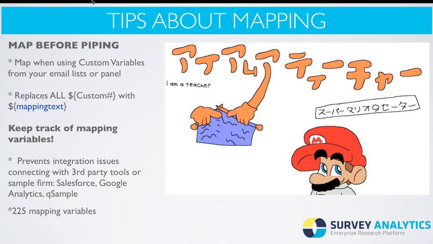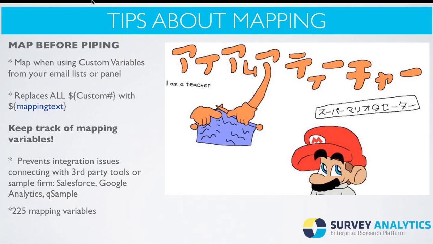Some tips about mapping. You definitely want to do mapping before piping. Now you're probably going to ask me, why did you show piping first instead of mapping? Well, I did that because I wanted to show you the process of how easy it would be, and this is just one extra step in the beginning.